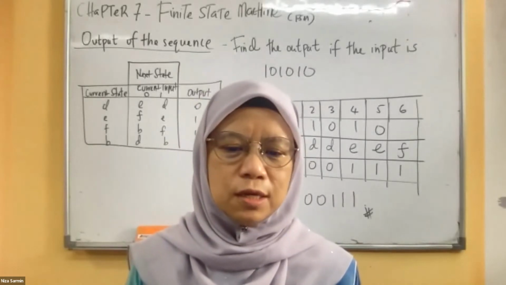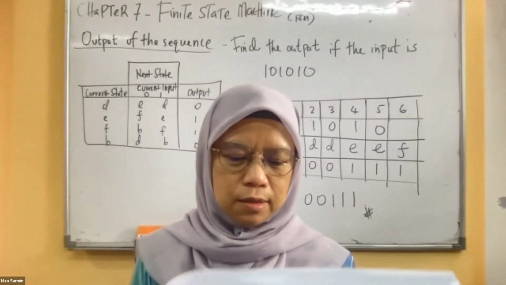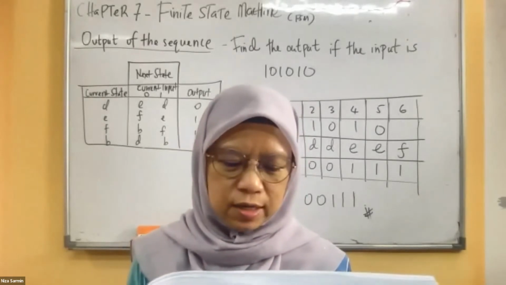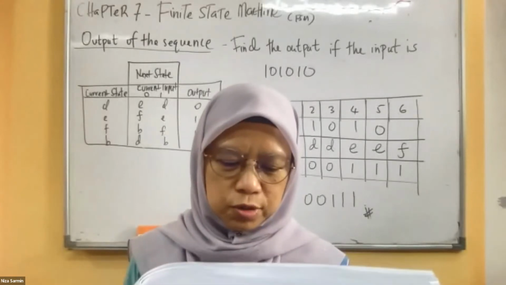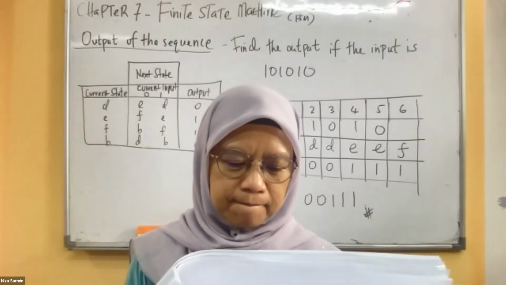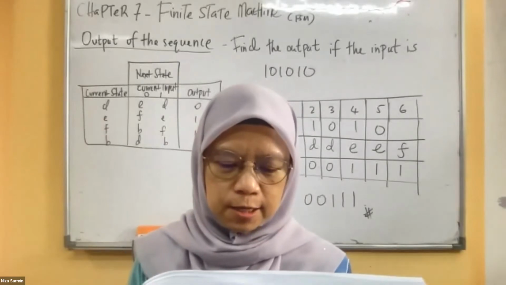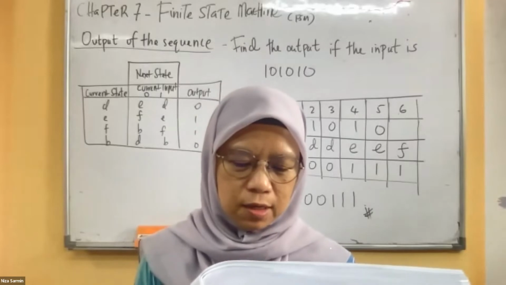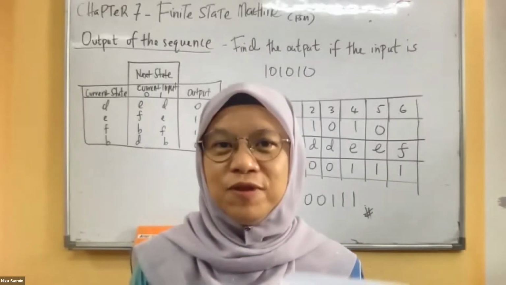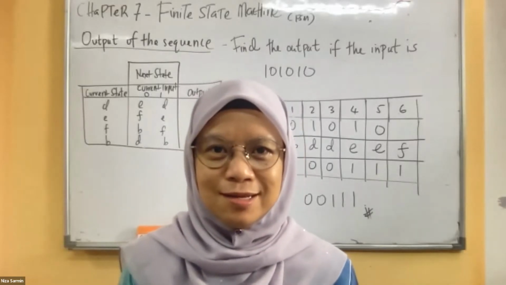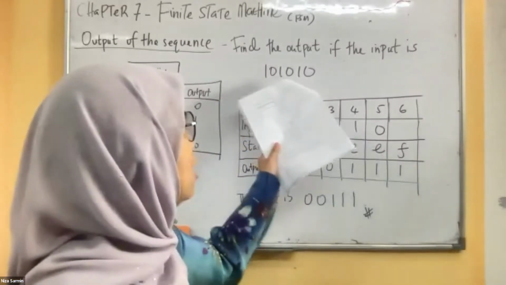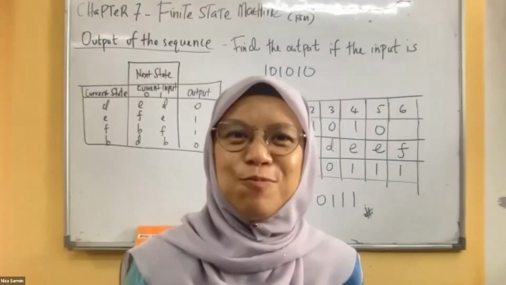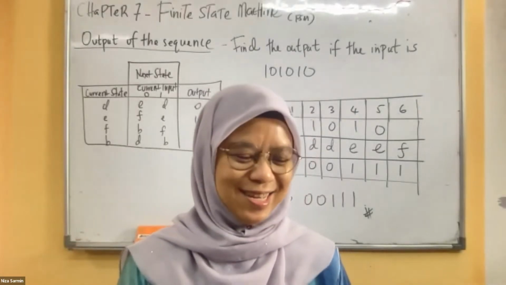Given the state graph, we have to build a state table and find the output. And then the input for the given output. I will leave part D, you have to try that. This one, you find the output given the input. That one, you find the input given the output. That is interesting.